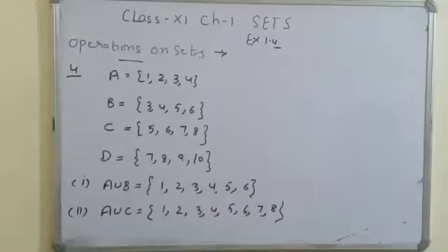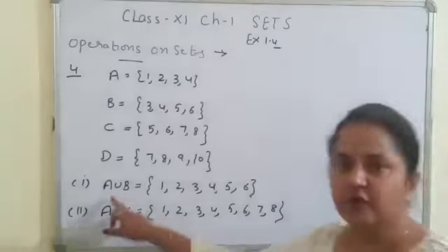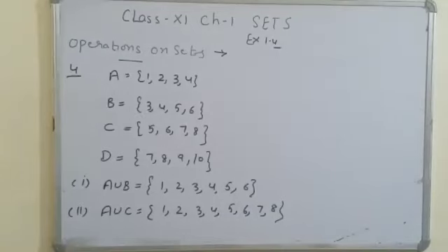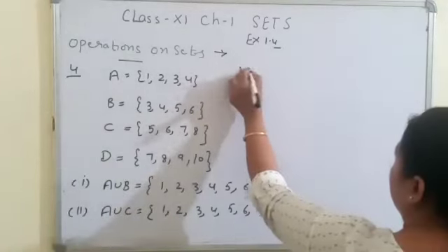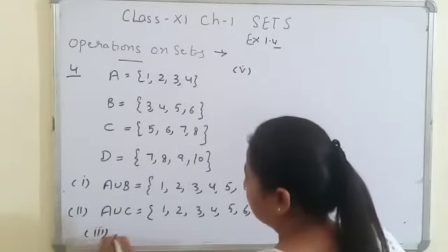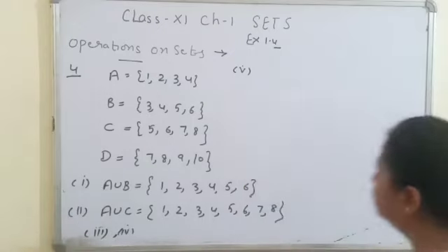Now, this is the way in which we can write the union of two sets. Let's take the next part of this question. Hope you can find the third and fourth parts easily.